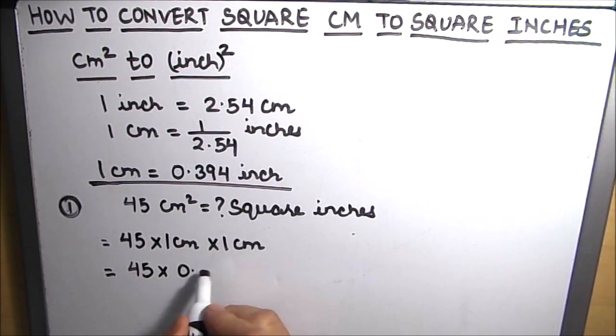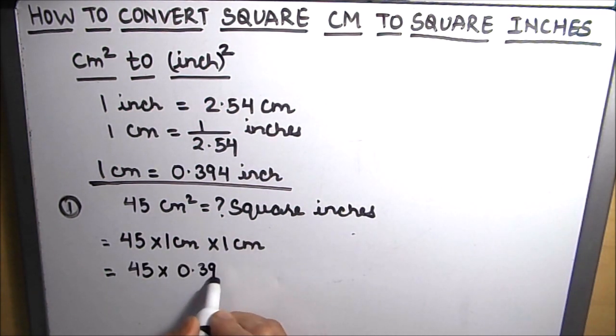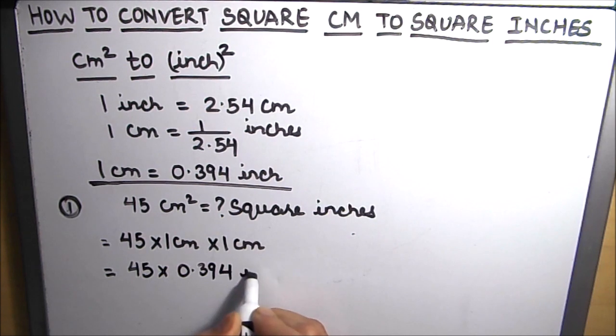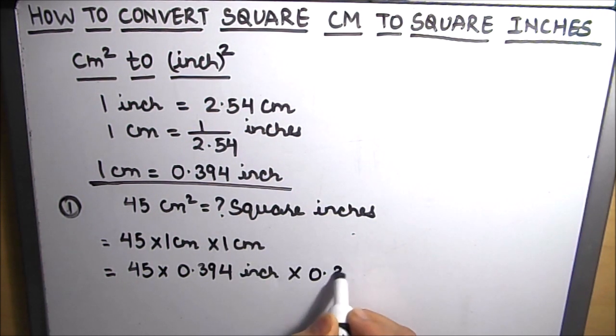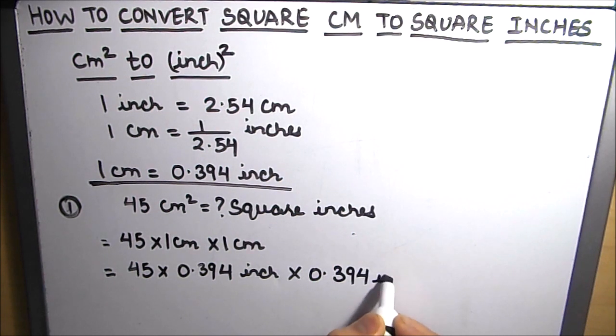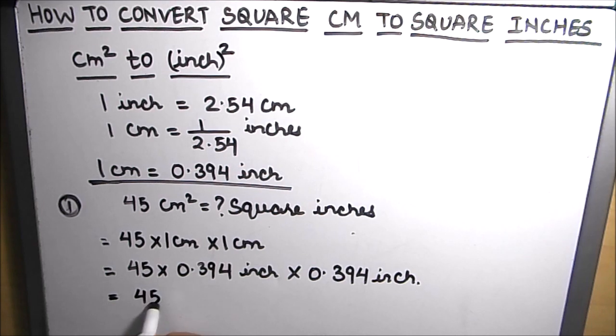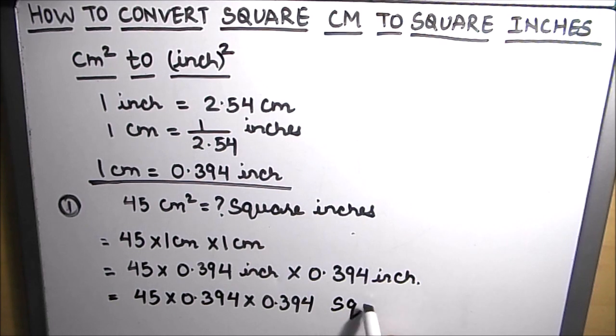So this will become 45 times 0.394 inches times 0.394 inch. So we can write it as 45 times 0.394 times 0.394 square inches, because we are multiplying inches 2 times.